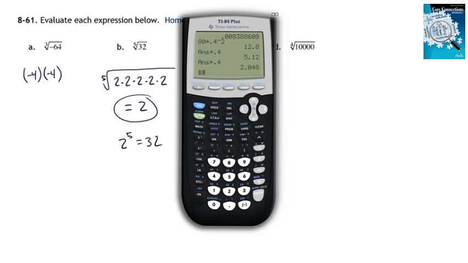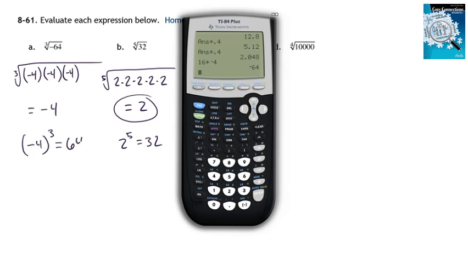And then if I take the number 16 and I multiply that by the opposite of 4, yeah, that does give me negative 64. So the cubed root of negative 64 is equal to negative 4. And again, why? Because negative 4 in parentheses raised to the 3rd power does indeed equal negative 64.